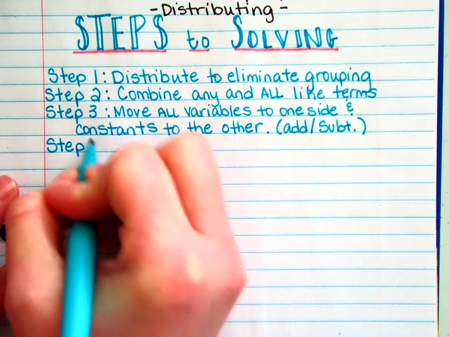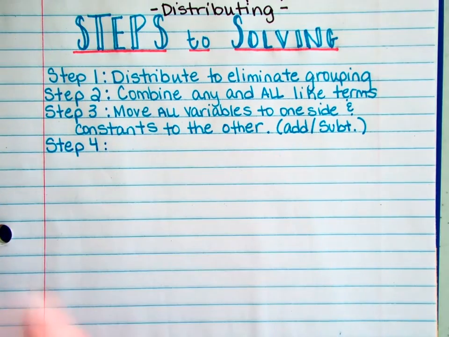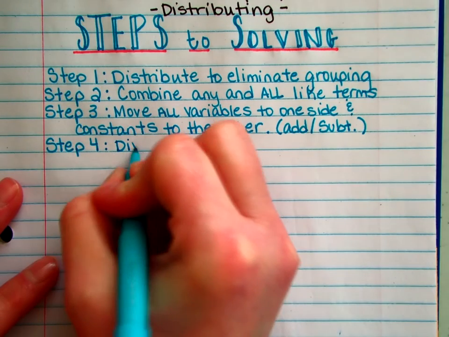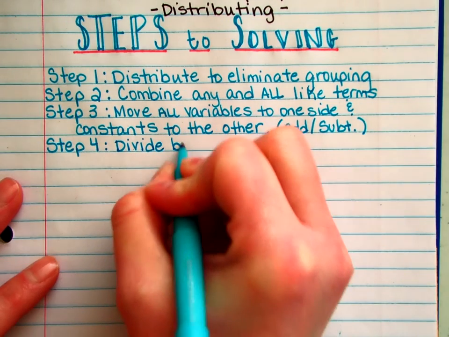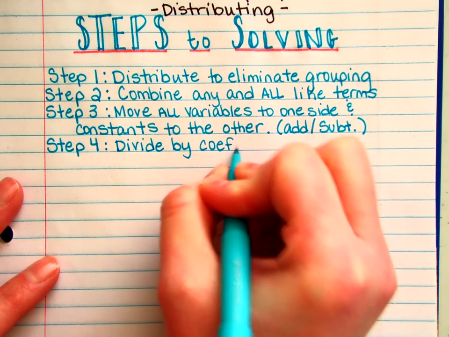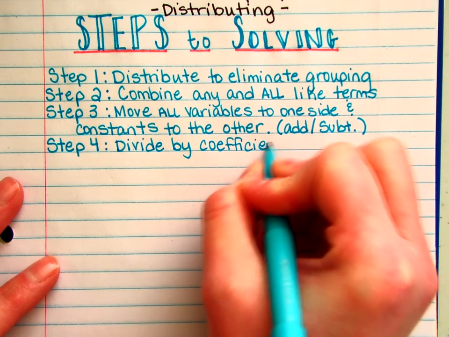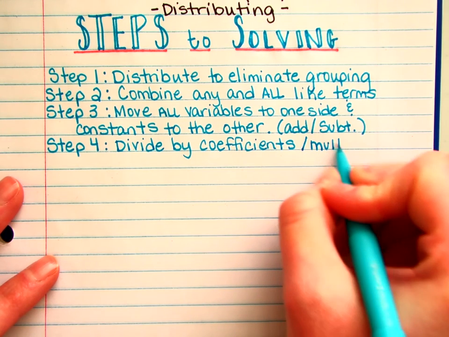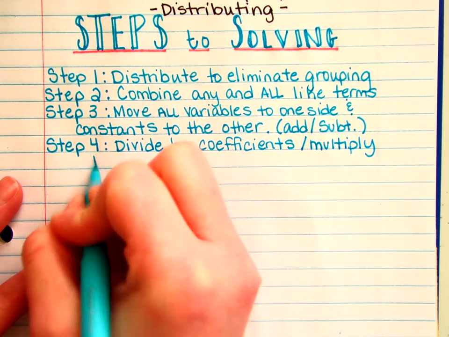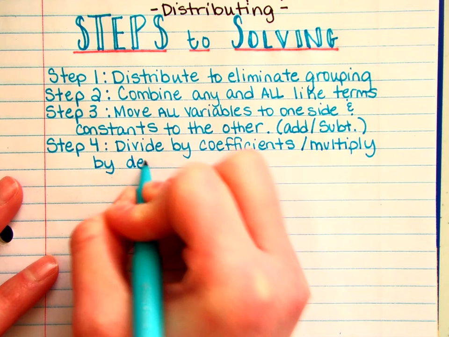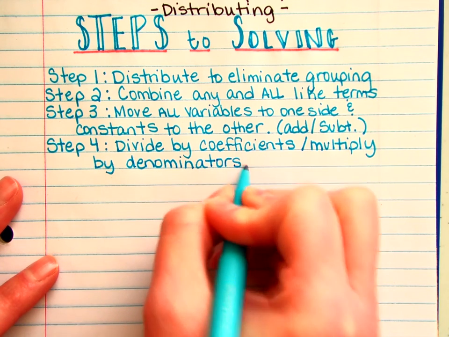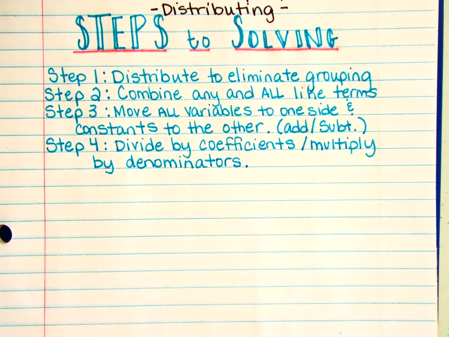And then step 4, you will divide by coefficients or multiply by denominators. I'm going to say slash instead of or. And those are the 4 steps that we are going to follow.